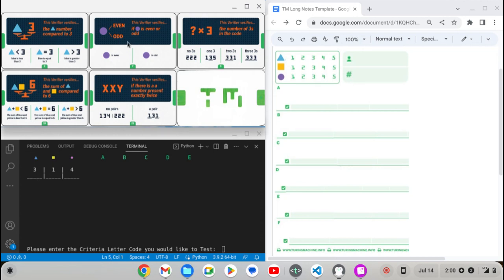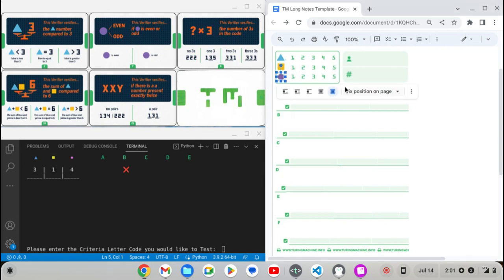So the first thing I want to do is test criteria card B. I want to know if that last digit, circle digit, is an even or an odd. So let's go test B. Okay, so the Turing machine responds that it does not approve of what I have. I did choose an even 4. Since the Turing machine does not approve of that, it's letting me know that circle is actually an odd digit.